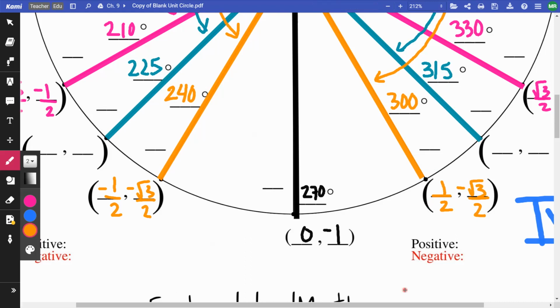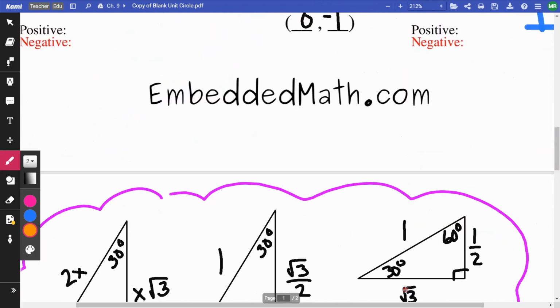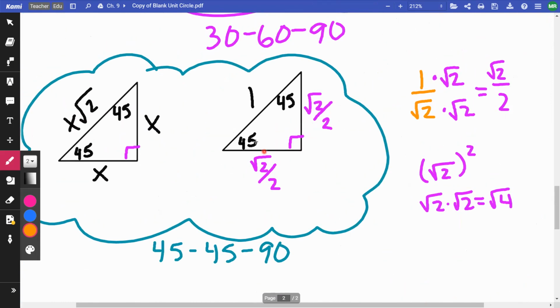And then the next one I'm going to look at is my 45, 45, 90. If my 45 is here, this is root 2/2. This is root 2/2. They are the same.